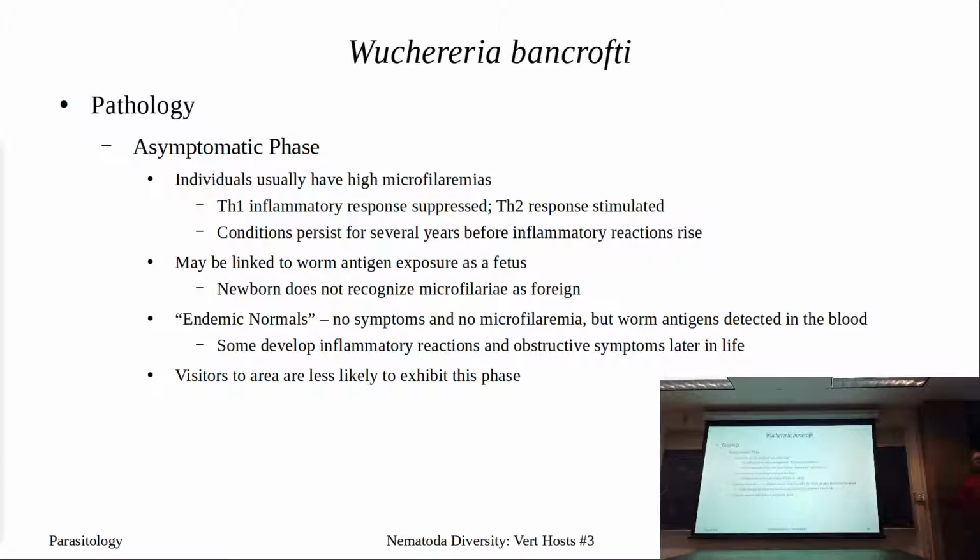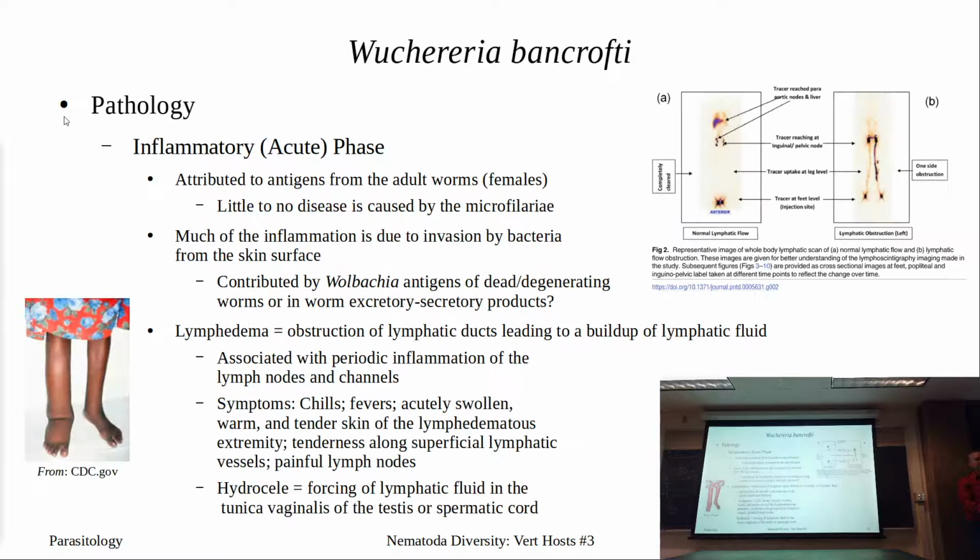Visitors to the area are less likely to encounter this. We haven't been exposed. We go there, we're going to probably exhibit this inflammatory stage. We wouldn't have this asymptomatic phase. Our body would be fighting. All right. So if we go over there and get it, I'll say Vietnam, because we've had several of our soldiers that were in Vietnam come back with this.